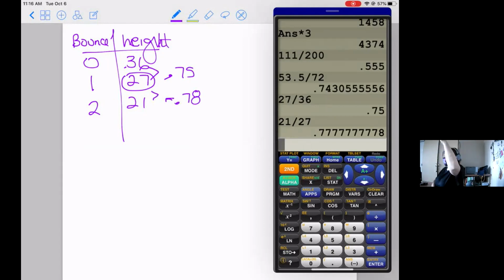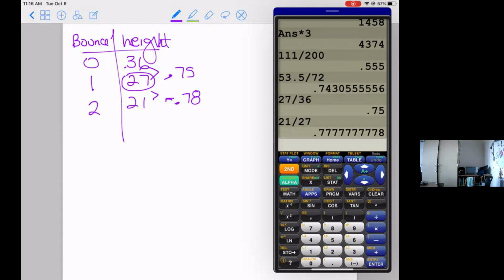So is it rebounding at about the same amount? Would you ever think that if I were to drop the ball here, I would catch it way up here? It would ever go higher? No. This is called exponential decay because each time it's going to keep getting smaller, right?